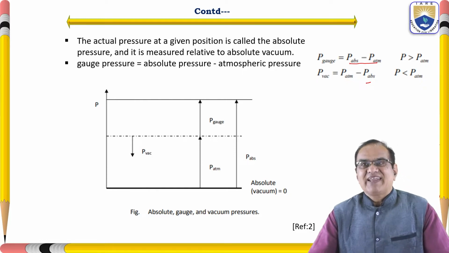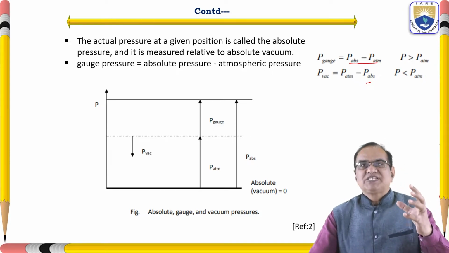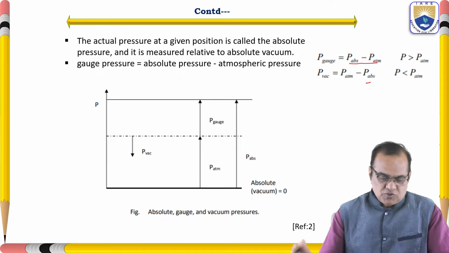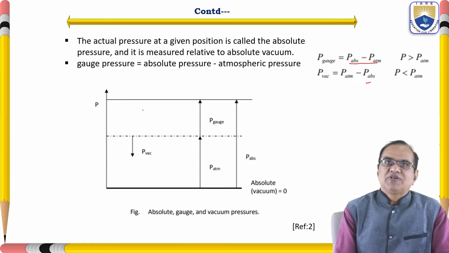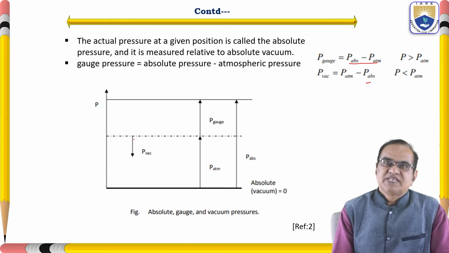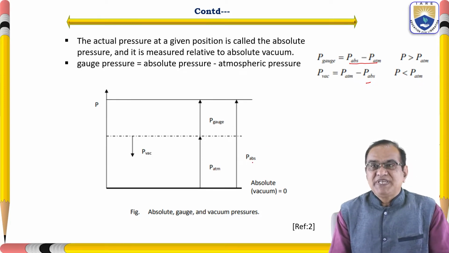By this diagram, we can depict how the pressure at different levels is described. Here we can see pressure and specific volume. Here is P vacuum, then we have P gauge and P atmospheric. Just see P absolute.